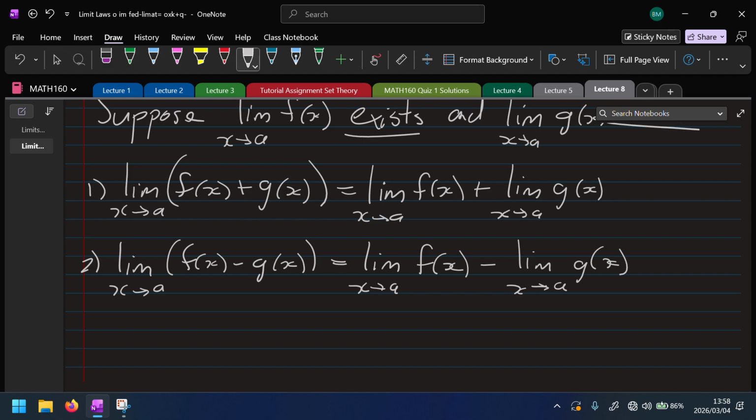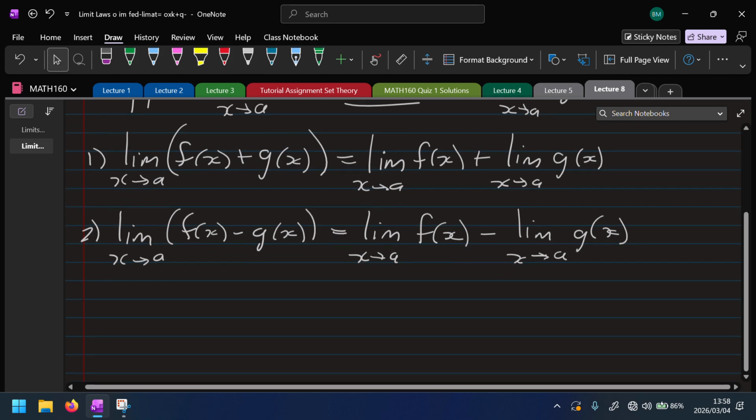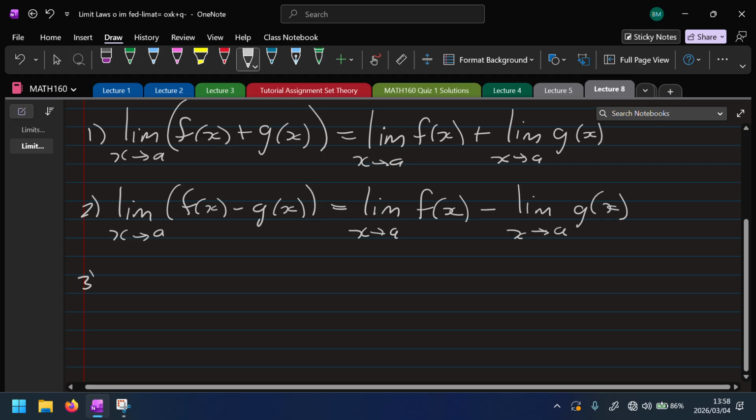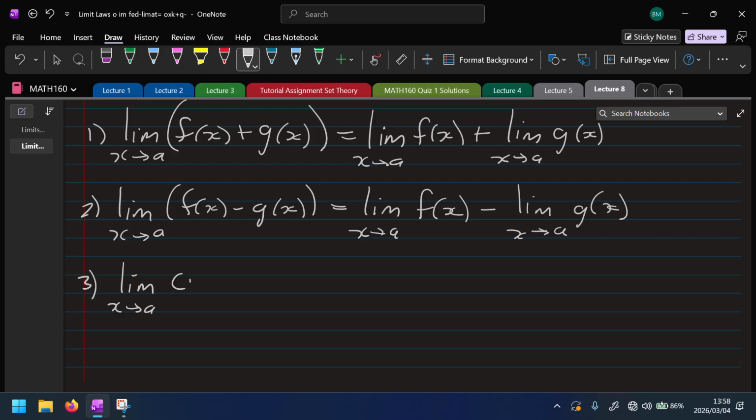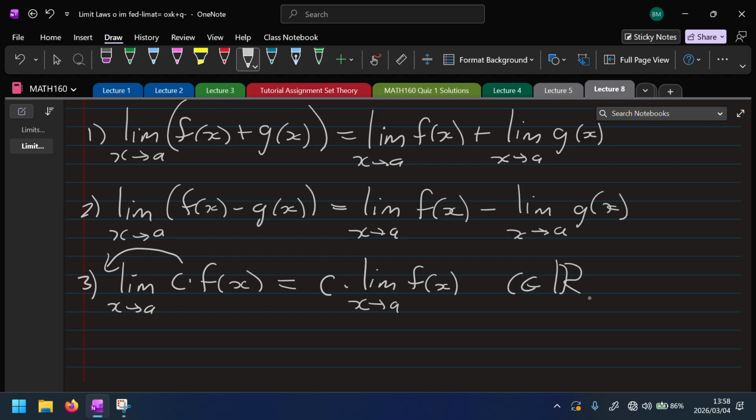Similar to before, there's a few more. So number three, limit x goes to a of some constant times f of x. The constant is not affected by the limits. We can take it out of the limit. So this is c times the limit x goes to a of f of x, where c is some real constant.